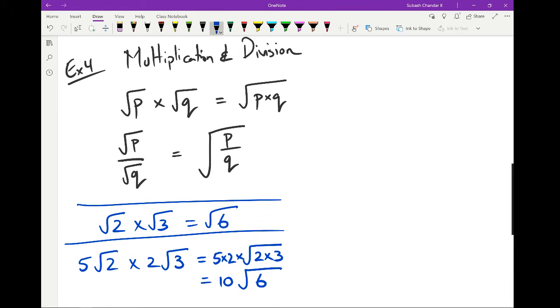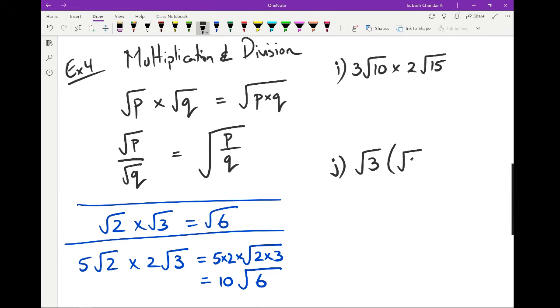So I'll give you guys a couple of questions. The first question would be 3 square root of 10 multiplied by, let's do... Cool.